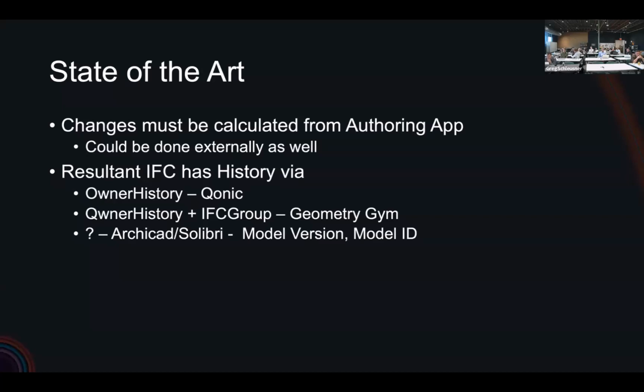The only way this is currently possible is if the authoring app can maintain UIDs and version history of changes. You can do post-processing, but if you're doing post-processing, this is a moot point. But if the authoring tool can, and we know ArchiCAD and Revit can, the request is the same across both.